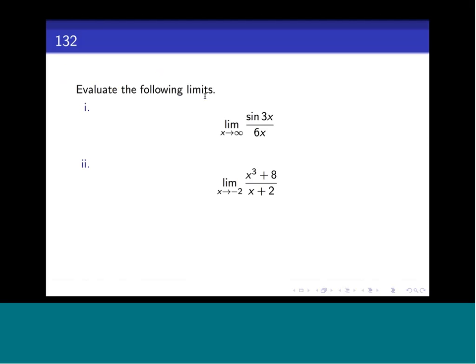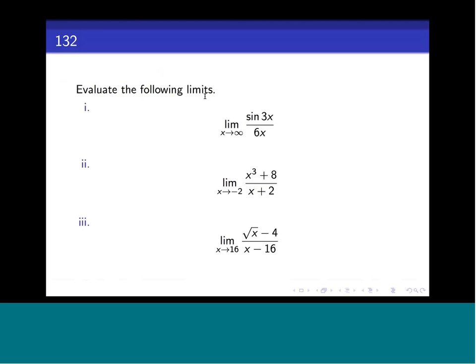We say x equals -2. What do you have for this? 12, yes. What about this? 0?